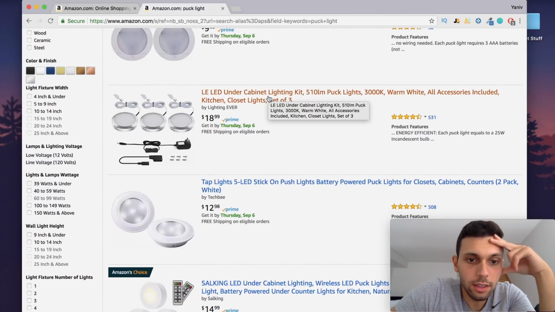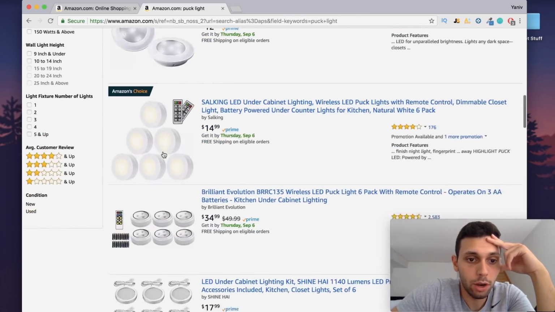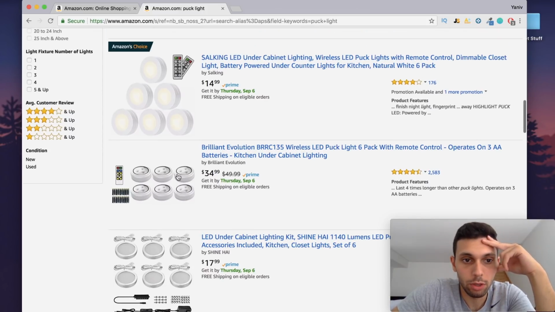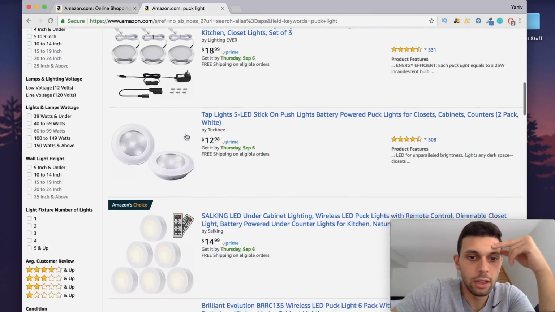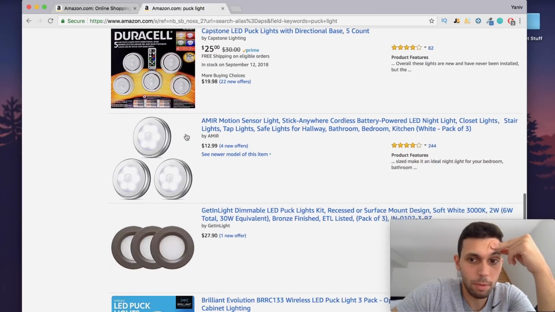Okay, so what I'm seeing is why those are doing better and actually selling is because they're battery controlled, you know what I mean? They're wireless rather than having a wire. So that's why I think those are, but also I'm pretty sure that might be a brand.